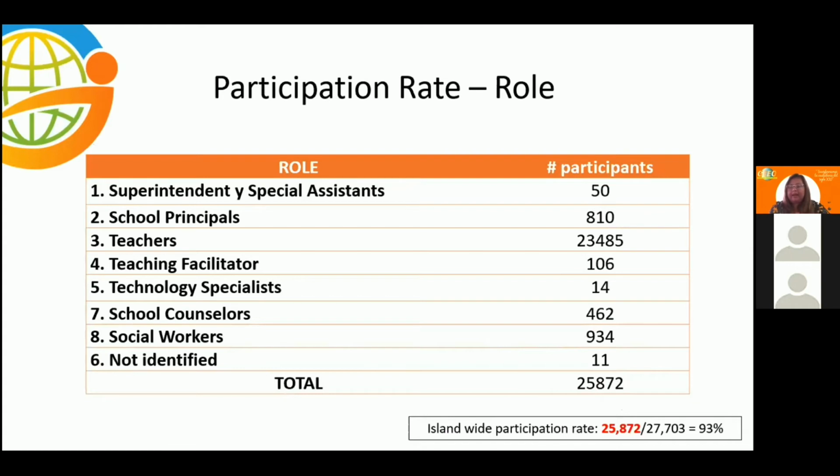That means we had 25,872 participants. By August of 2020, we had 27,703 people in the system. That number has since increased.